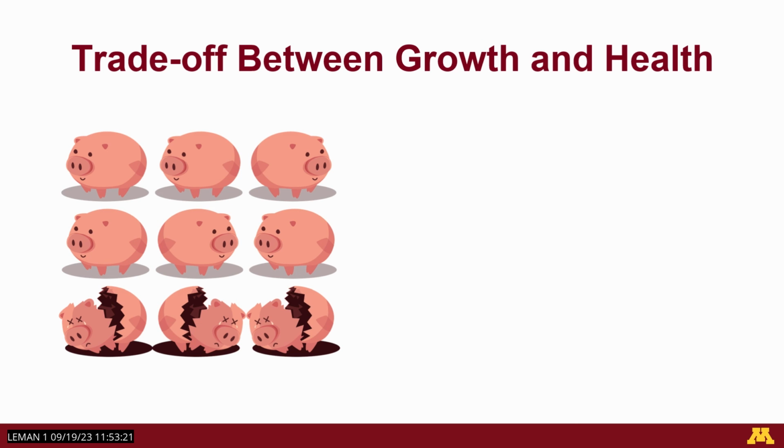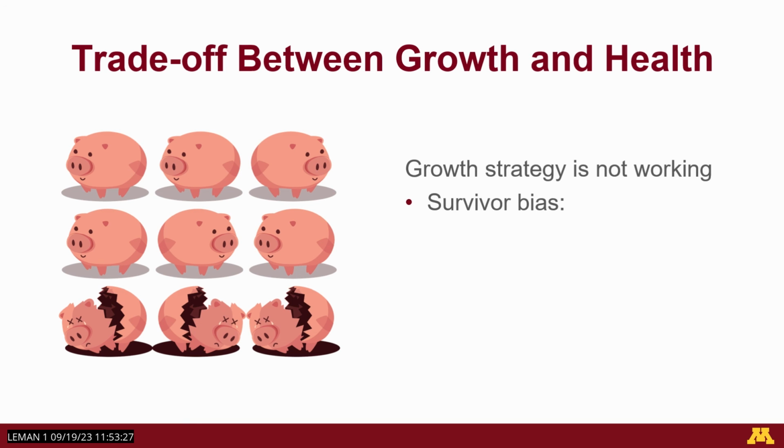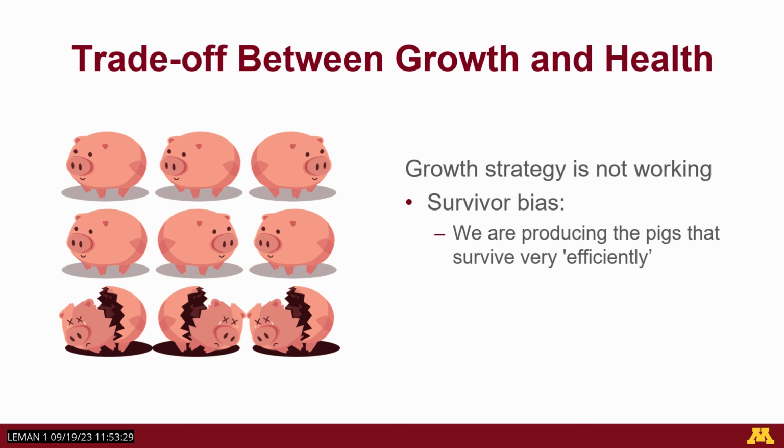Now, the data we have suggests that the growth strategy is not working, basically because there is a survival bias. We are producing the pigs that survive very efficiently, but in some studies we base all our conclusions on the pigs that survive, ignoring the pigs that didn't survive because we don't have the numbers or the methods to study this mortality.